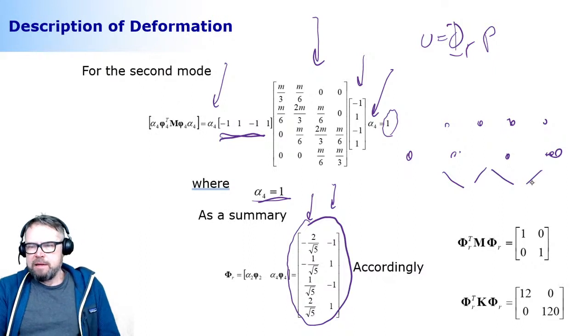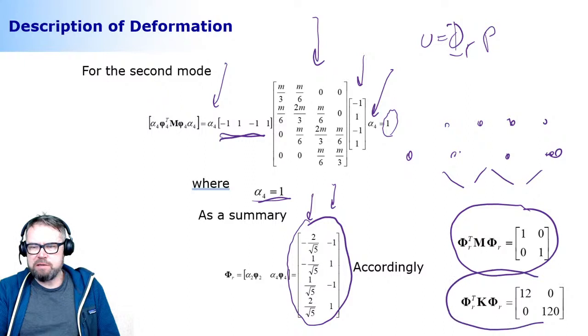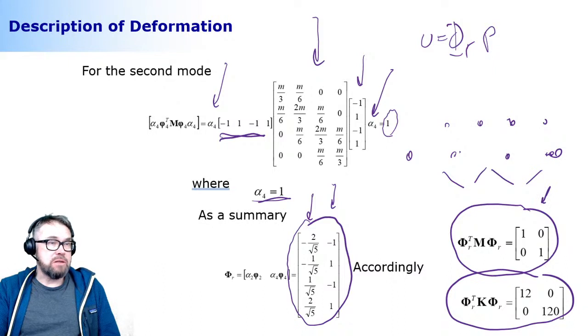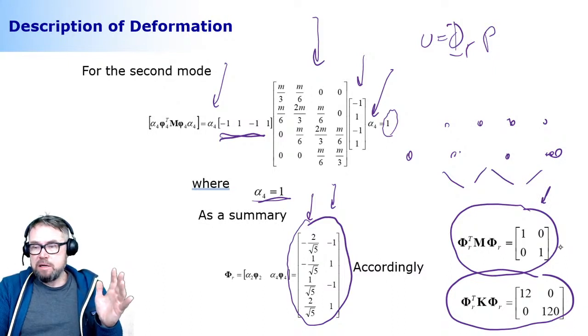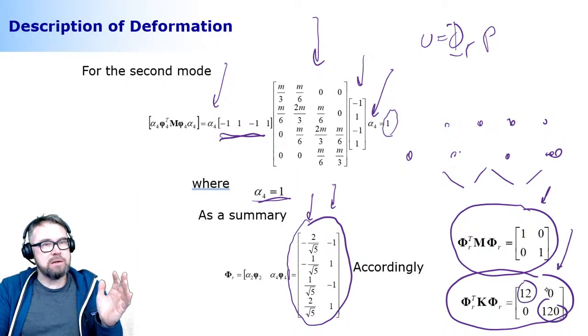Now if I compute my new mass matrix and stiffness matrix based on these modal coordinates, the mass matrix is going to be the identity matrix like I was expecting because of this mass normalization. As for the stiffness matrix, I have my eigenvalues in my diagonal terms, nothing else.